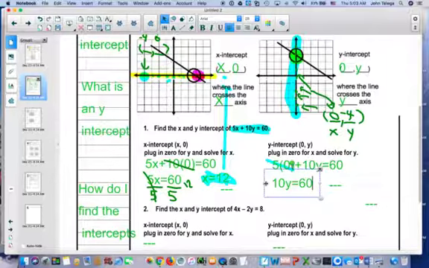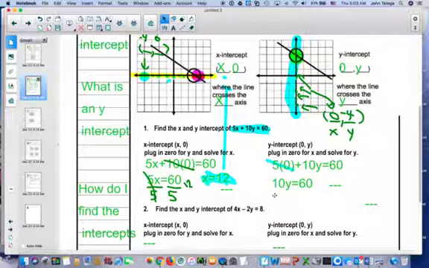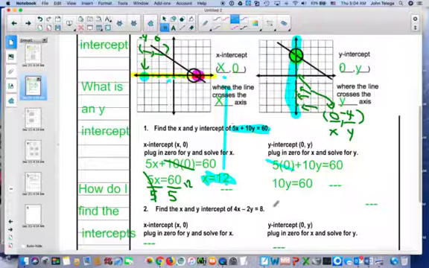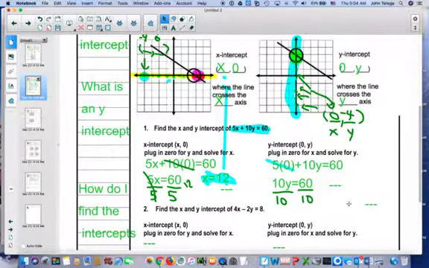Now your brains are probably way faster than mine, and you've already figured out that 10 times 6 is 60, right? But basically what I'm doing is I'm going to divide both of these sides by 10. And then what I'm left with is 6. Right? So I have a y.